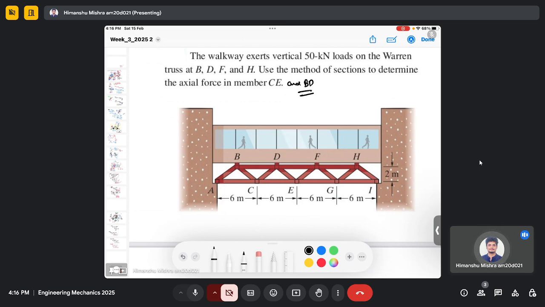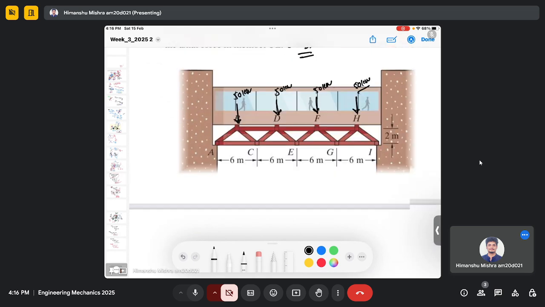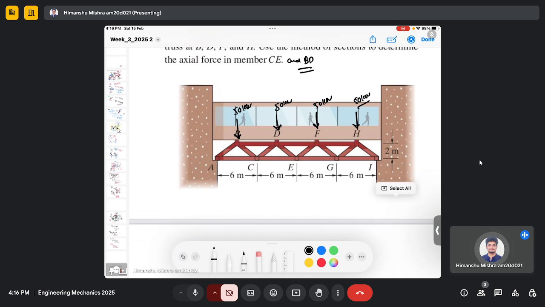At points B, D, F and H there are external forces of 50 kilonewton, and we need to find the force in CE and BD.